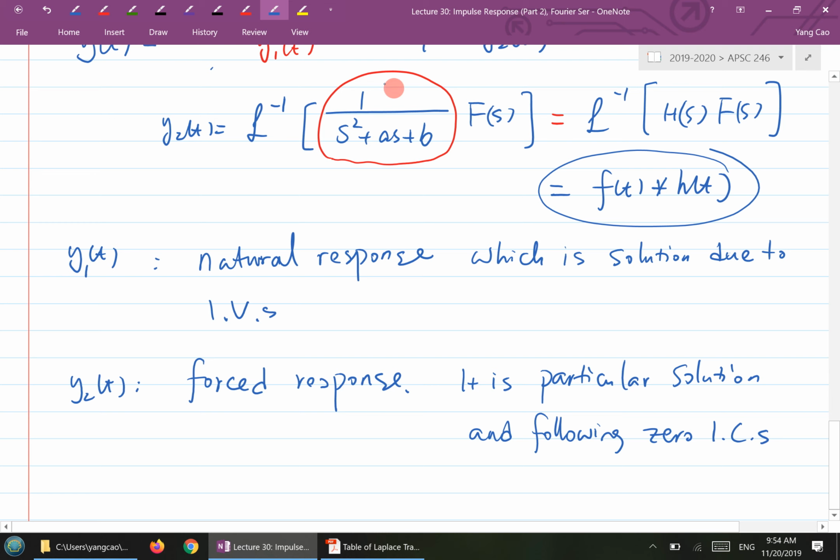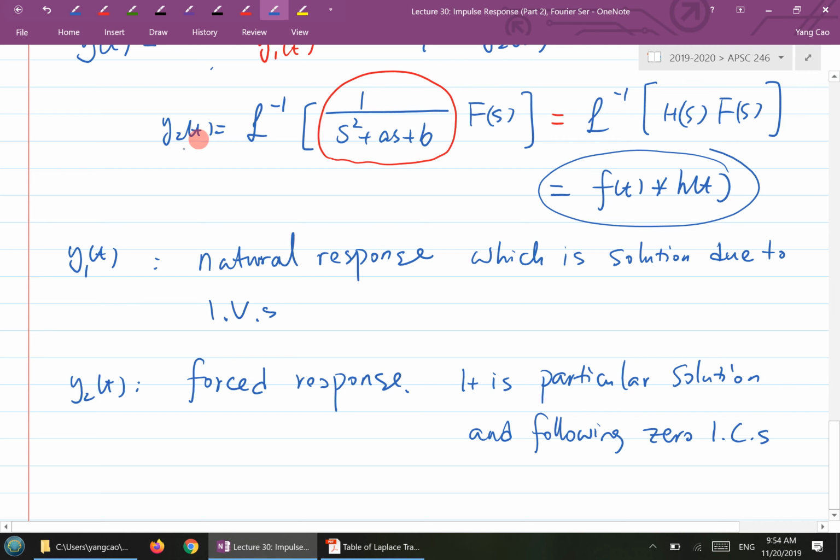Another critical part is this term, which is the transfer function, right? And the transfer function has a denominator. Now the denominator will give you a solution if you set it equal to 0. If you recall, the solution for the denominator, we call it what? Poles, right? We have poles of the system.